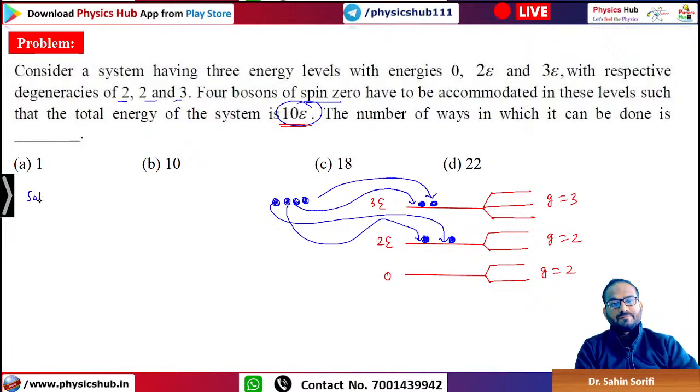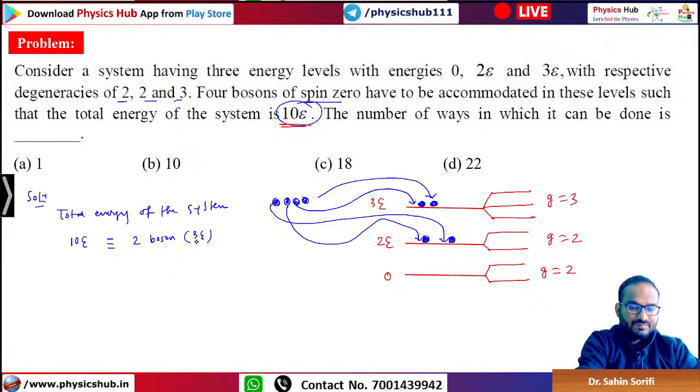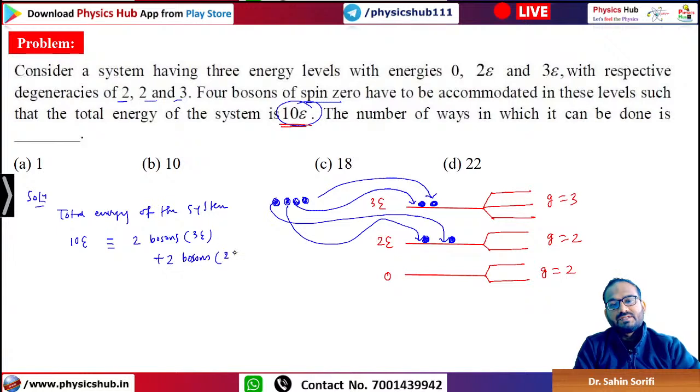If you want to make the total energy of the system 10E, you have to keep 2 bosons in state 3E and 2 bosons in state 2E.